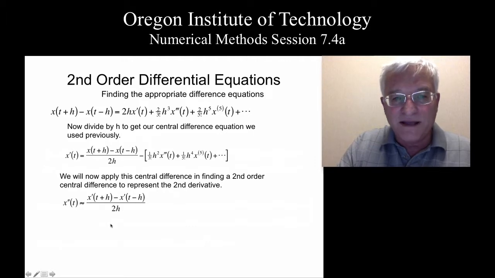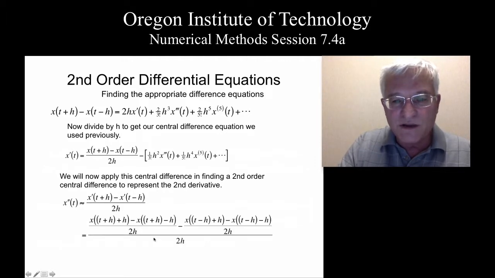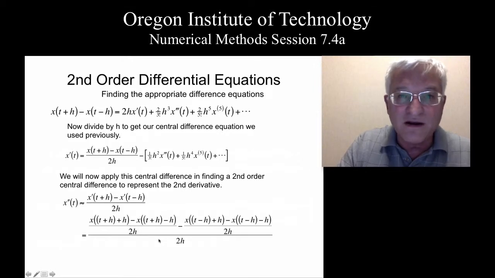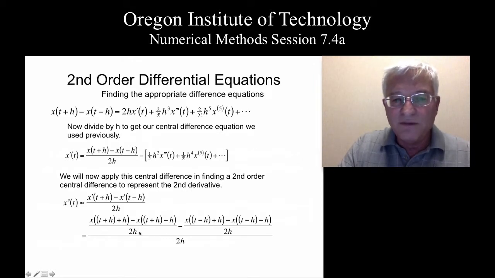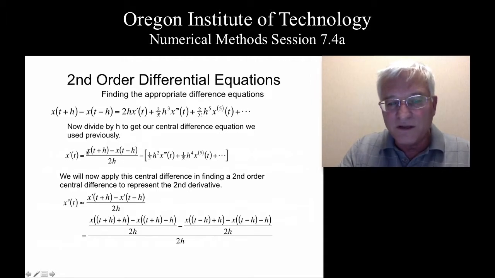Now let's expand that a little bit and see if we can't simplify this. And it turns out we will. It gets off to a bad start if you're thinking we're simplifying, but let's look at it closely. The x prime of t plus h, if we used this formula, that would end up being x of t plus 2h, or you could say x of t plus h, minus x of t minus h plus h, right?